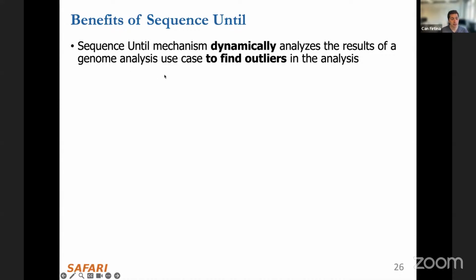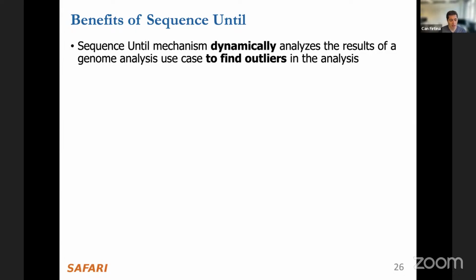SequenceUntil is a mechanism that can dynamically analyze the results of a genome analysis use case to find the outliers in the analysis. Meaning, at a certain rate, we're always generating these relative abundance estimations using any tool, but in this case, we implemented SequenceUntil in RawHash.